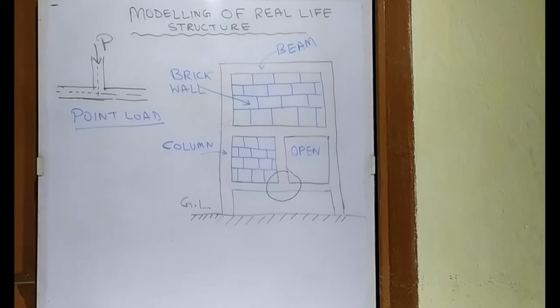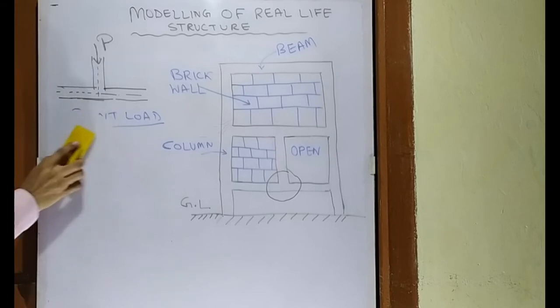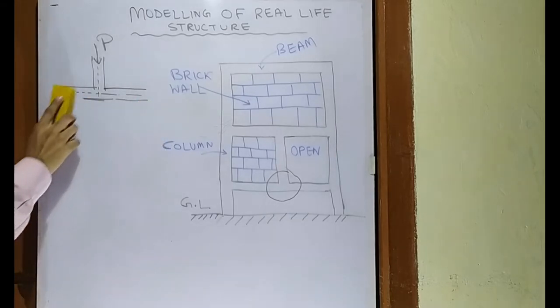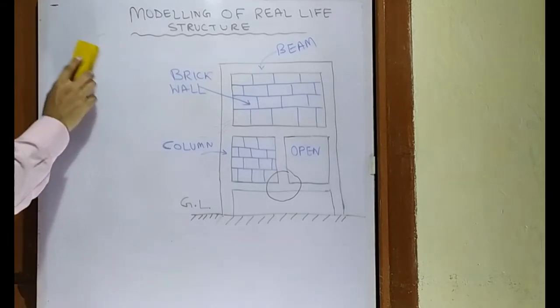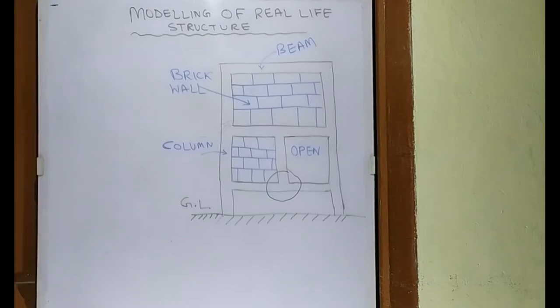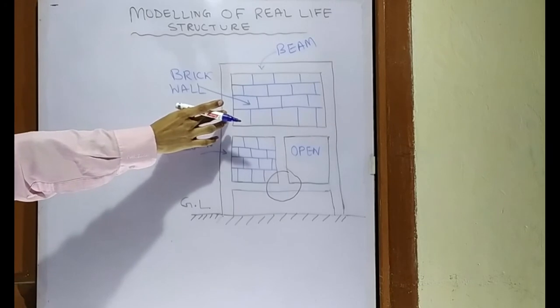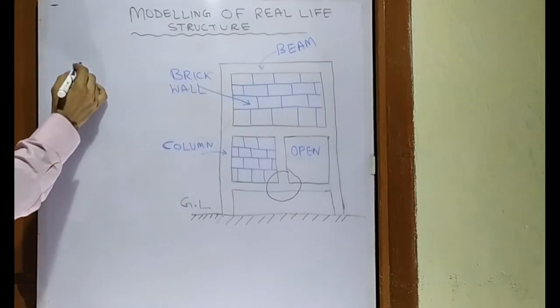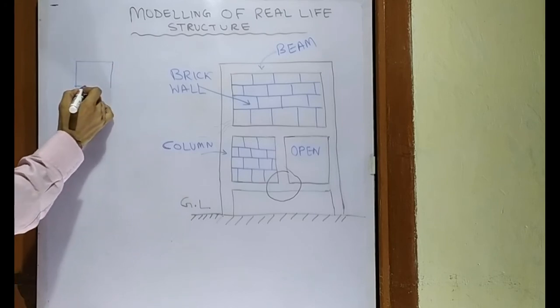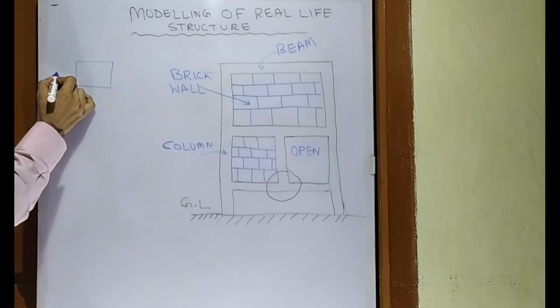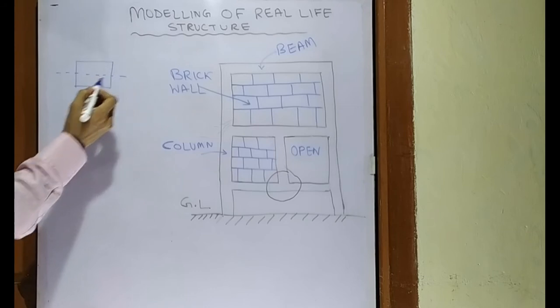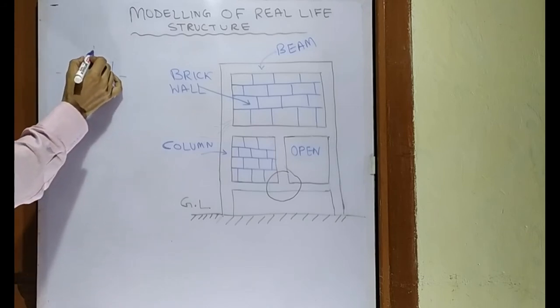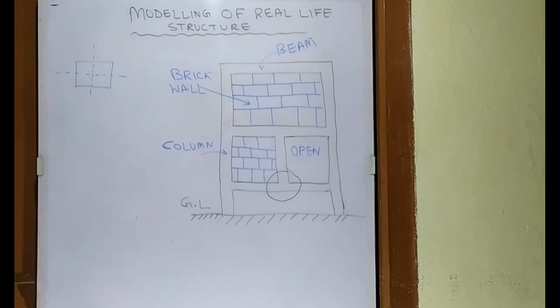Now let us start the modeling of this structure. What we do in the modeling is use the neutral axis of all the structural members. If the section of this column is square, where will the neutral axis lie? It will lie at the center or the centroid of this column.